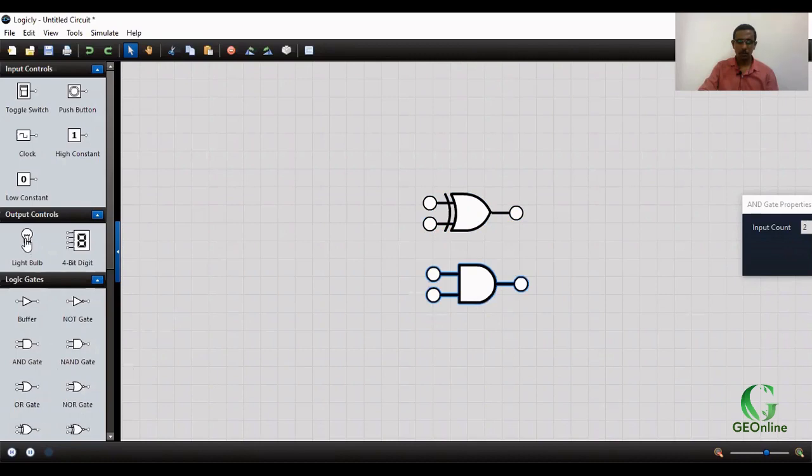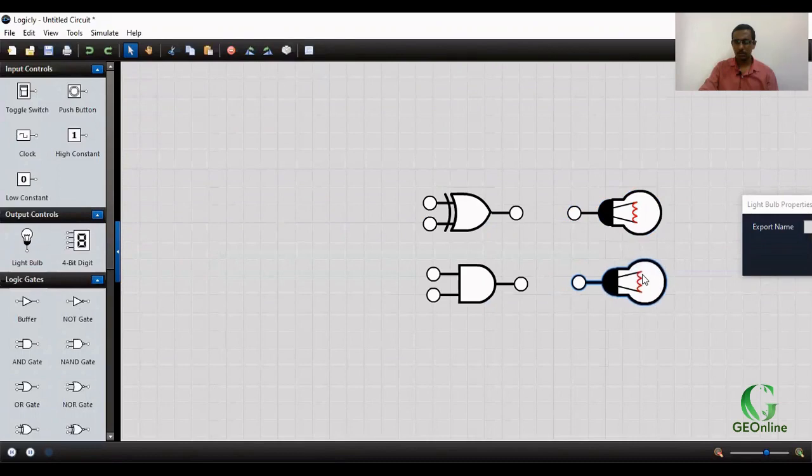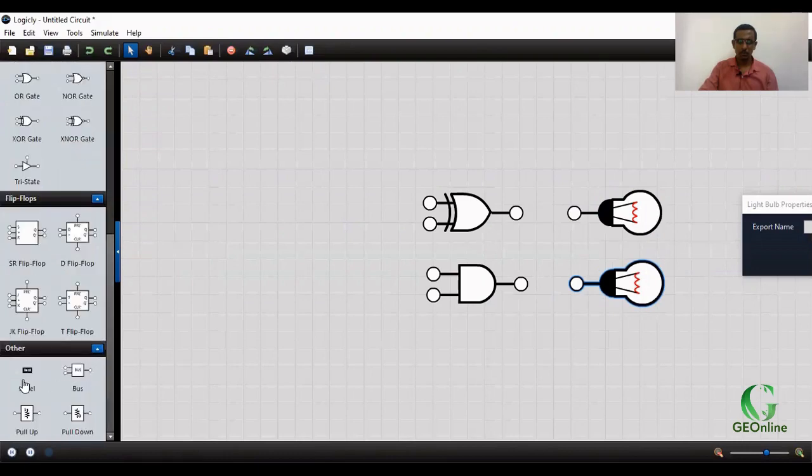Now we need two outputs, two inputs: input signal A, next input signal B. Now the outputs: sum, then one more for carry.